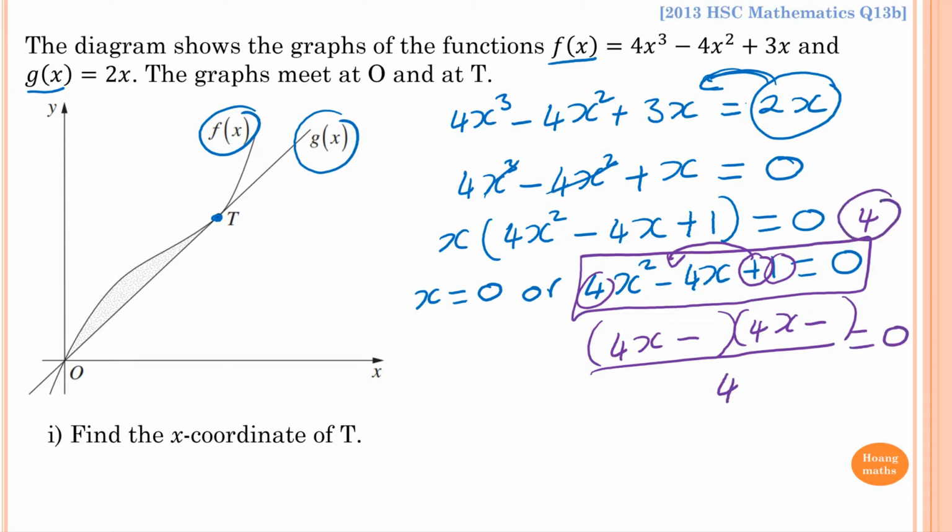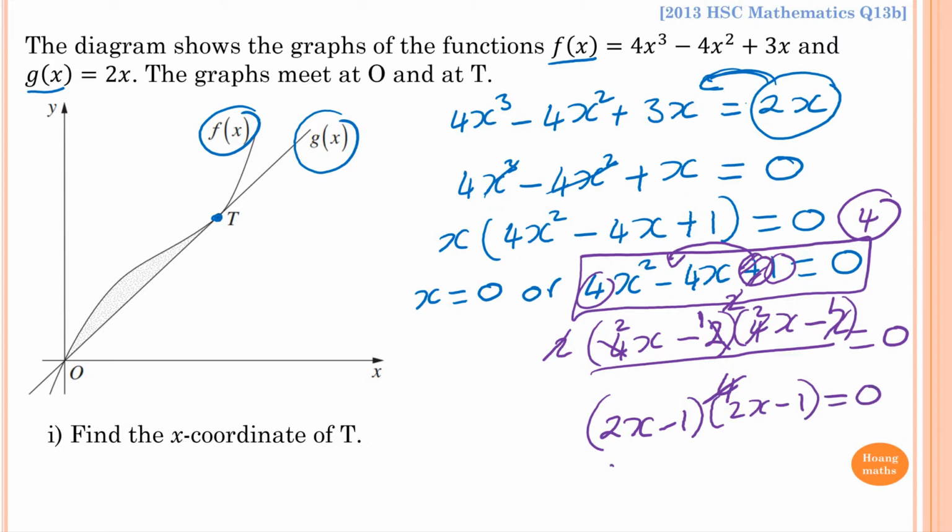What times what gives me 4 and adds to give me 4? 2 and 2, because 2 times 2 is 4 and 2 plus 2 is also 4. So add 2 here and there. Now the common factor of this is 2, so divide by 2, that gives me 1. Same thing, 2 here gives me 2, that gives me 1. So 2 times 2 is 4, which cancels with this. So now (2x minus 1)(2x minus 1) is equal to 0.